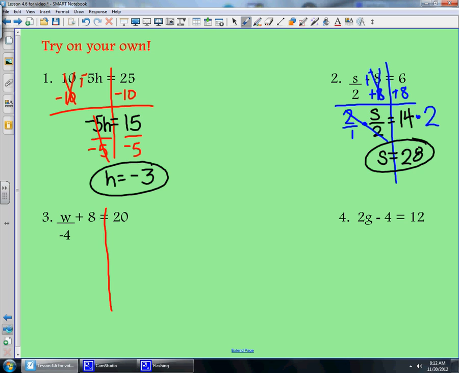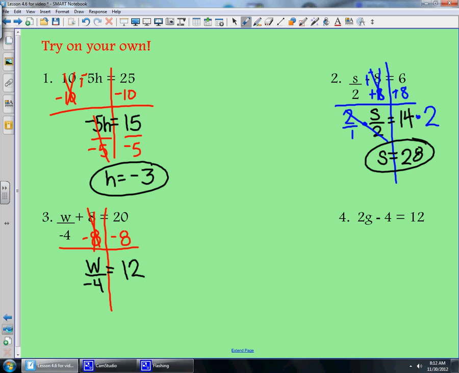Next example. There's not a subtraction problem, so we don't have to change anything to add the opposite. We're going to add the opposite of positive 8, so we're going to add negative 8 to each side. 8 plus negative 8 is 0. So we have left w divided by negative 4 equals 12.